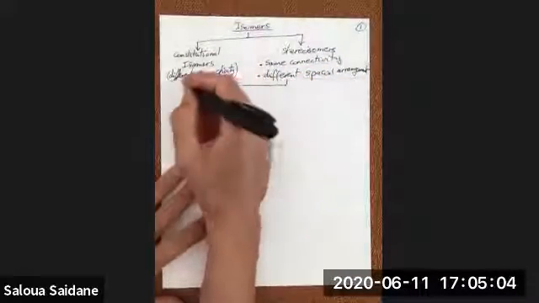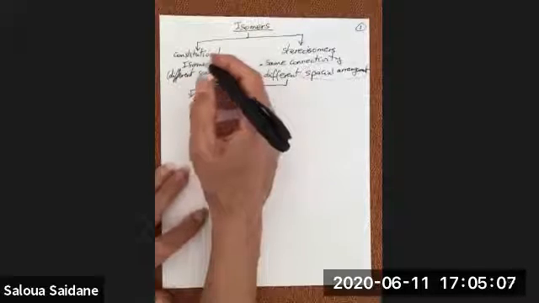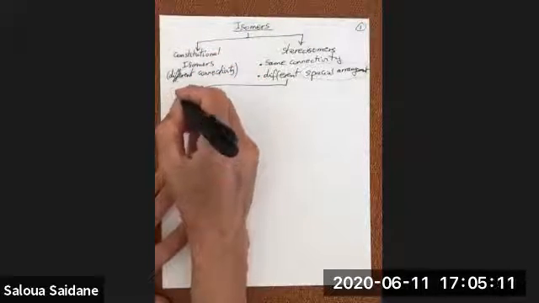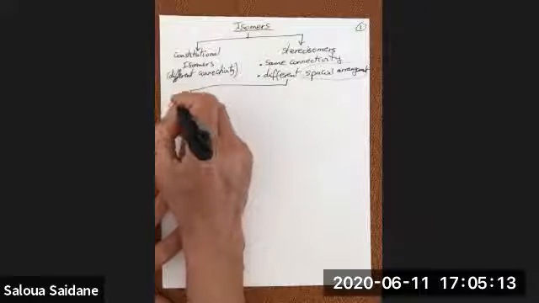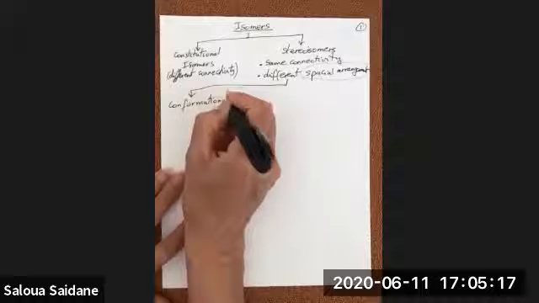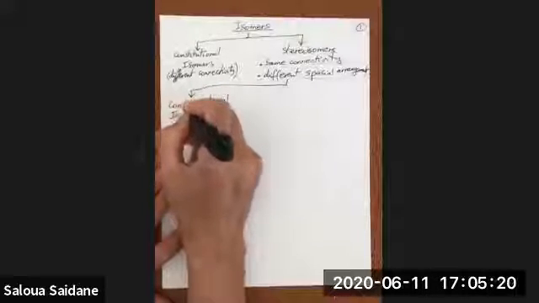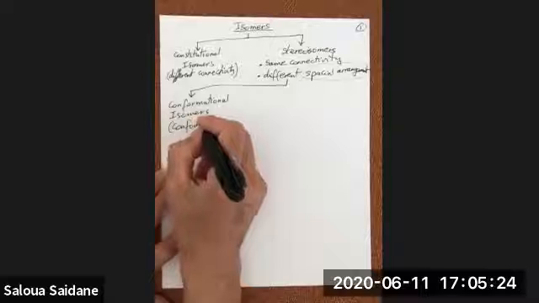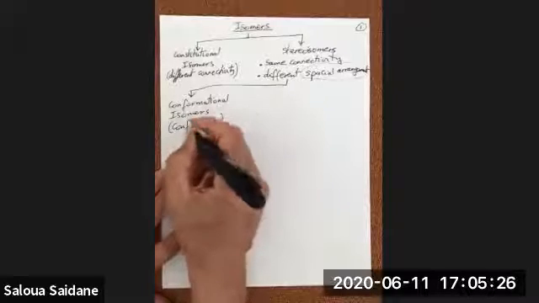The first type that I covered in the first part of this module are called conformational isomers, or conformers. So what are conformers?